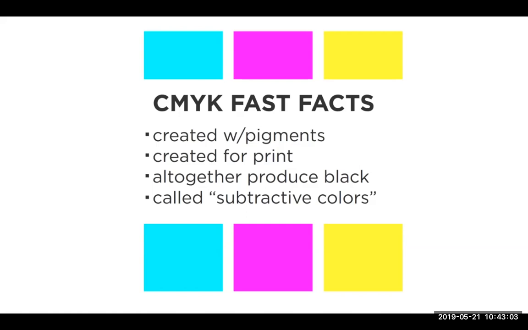So created for print is kind of the important thing. If you are making something that is going to be physically printed, so a brochure, a poster, a billboard, a magazine, a book, a painting that's going to be printed on canvas, it is best to use a CMYK color pathway to create it, so that when it is actually printed, the colors are coming out in the same manner.